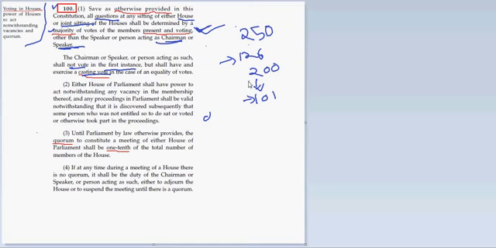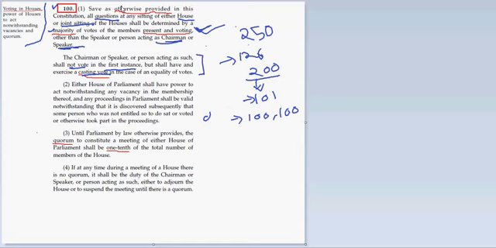That means, let's say 200 people are present and voting, and for any decision 100 came as yes and 100 came as no. So in that case, the chairman of Rajya Sabha has to vote. That's called a casting vote.